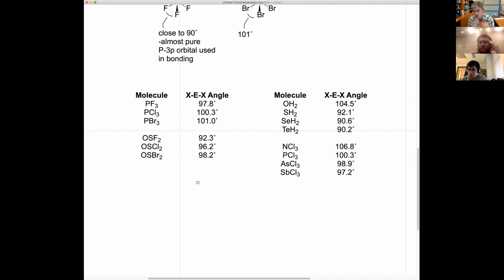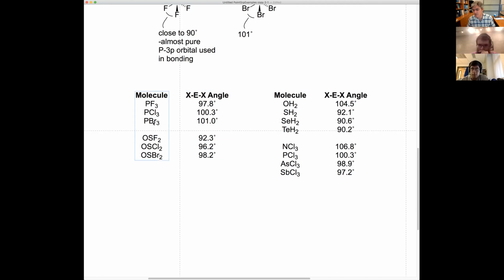So this sp splitting, the influence of electronegative substituents on it, you can predict all kinds of properties of molecules if you're aware of that. On the right, we looked at what happens as the central atom varies from top to bottom and the sp splitting goes up. On the left, we looked at the influence of the electronegativity of the substituent.